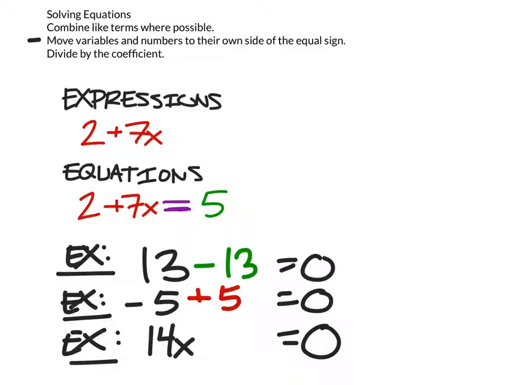This one's a little tricky because it's not a number, but it's the same concept. All I've got to do is subtract itself. I would just subtract 14x. Now I have 0, and that's really what we're looking for to solve these equations. Now we have this inverse operation stuff, but that's really just dividing by the coefficient.